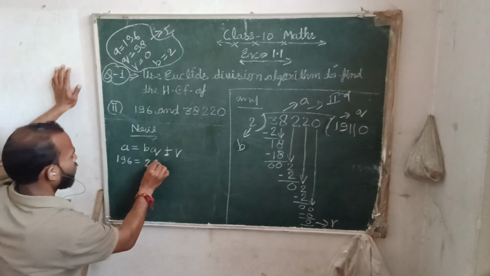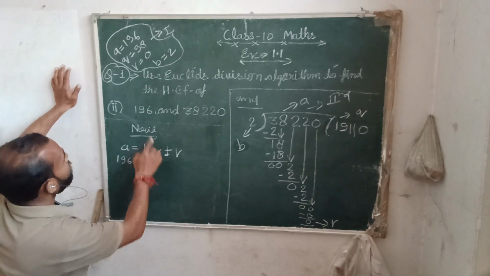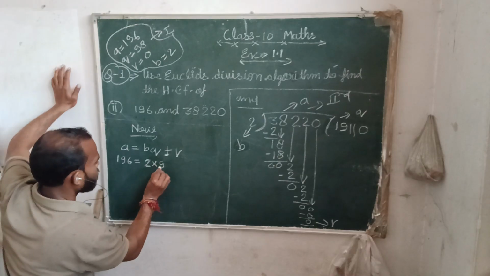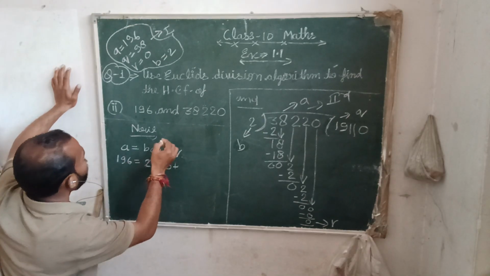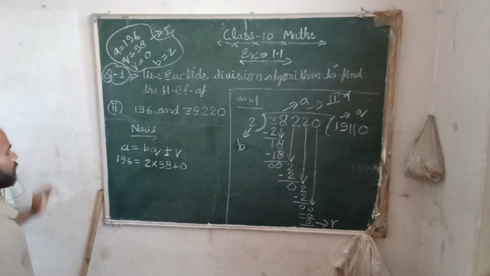Value of B, 2, into value of Q, 98, plus value of R, 0. Write it here.